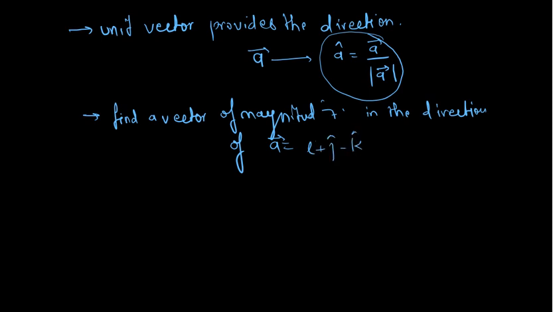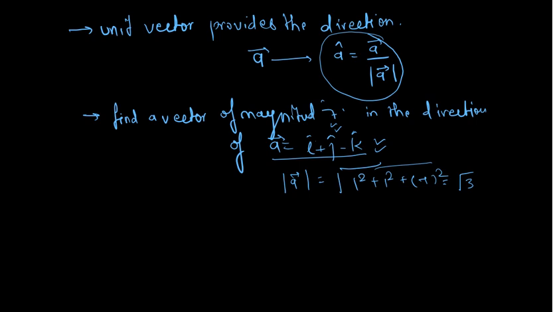So here we have a vector a, and we have to calculate another vector whose magnitude is 7 and which is in the direction of a vector. A vector has a magnitude of square root of 1 square plus 1 square plus minus 1 square, that is square root of 3, correct? So this is the magnitude of a.